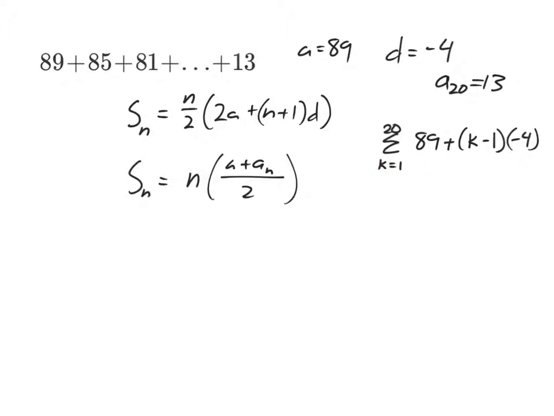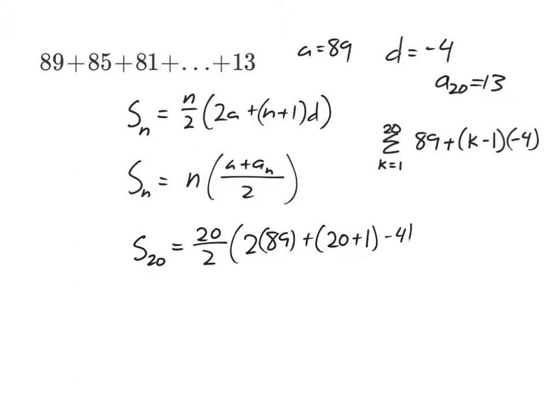So now I can use all this information and put it into these equations. S sub 20, since I know it's the 20th term, is going to be n, which is 20, over 2, multiplied by 2 times a, which is 89, plus (20 minus 1) multiplied by d, which is negative 4.